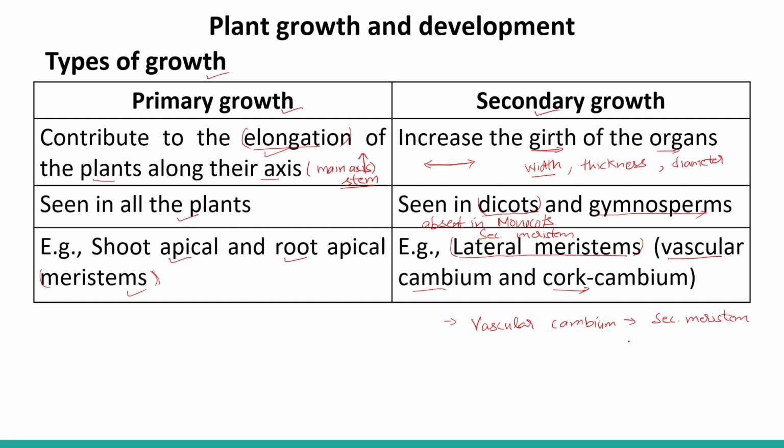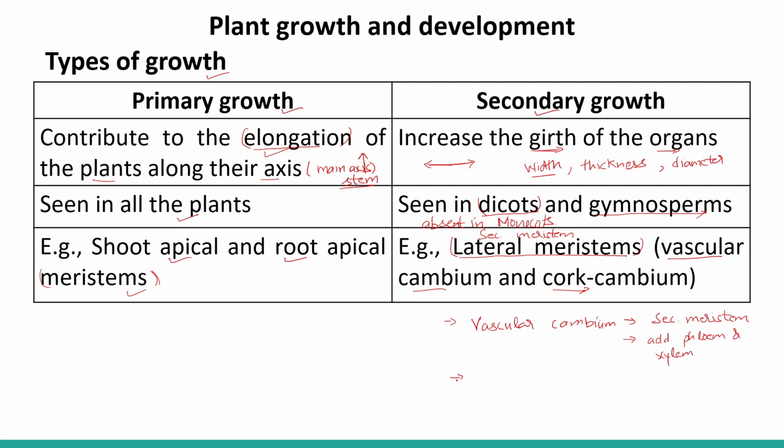And what is the role of vascular cambium? Vascular cambium helps to add phloem and xylem, in the later stages, secondary phloem and secondary xylem.